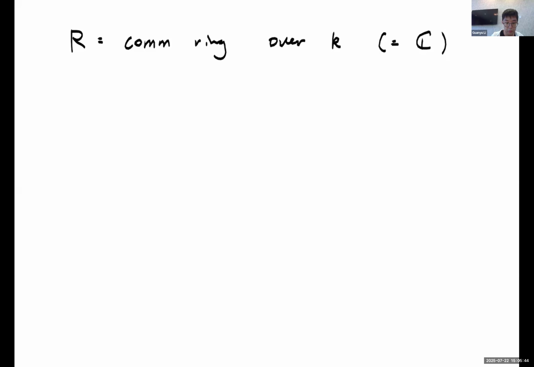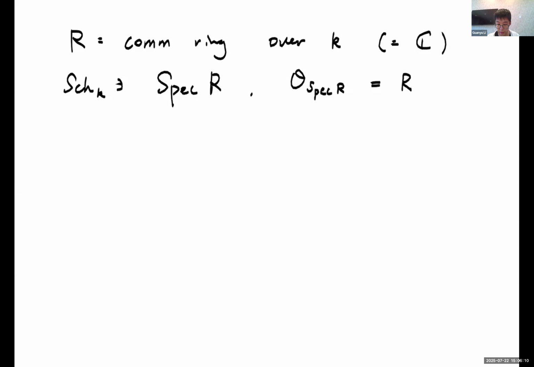Now, we have a space, which is a scheme, spec of R, and it has a structure sheaf, let's denote it by O subspec of R. This is also denoted by R twiddle.